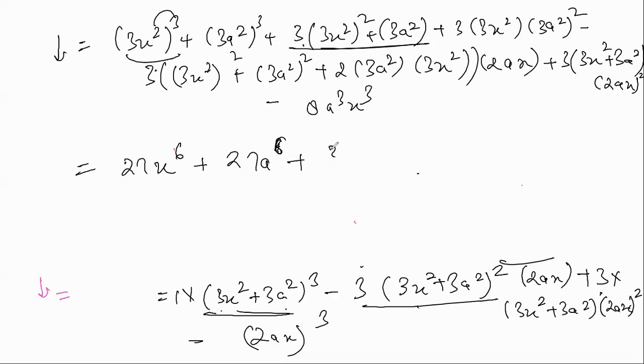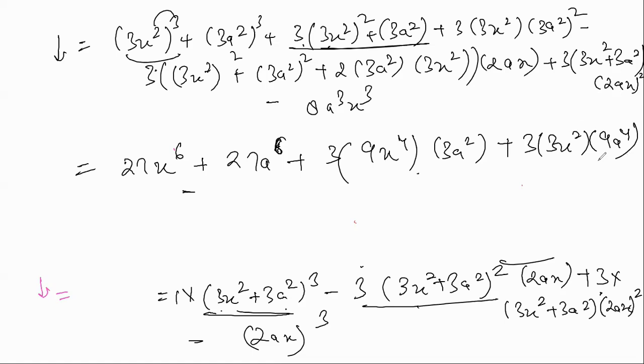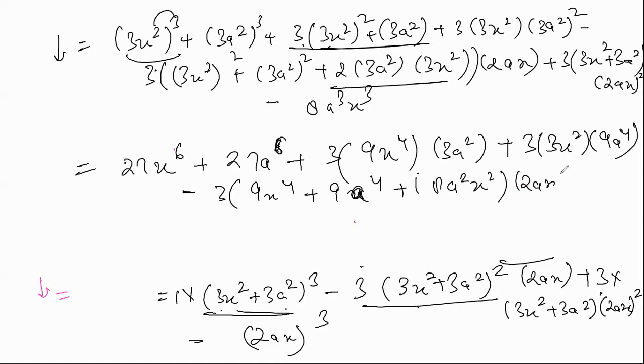So 3 multiply (3x square) whole square, that is 9x raised to the power 4, and 3a square, plus again 3x square and 9a raised to the power 4, minus 3, then open 9x raised to the power 4, 9a raised to the power 4, plus multiply this, 2 3 6, 6 3 18, a square x square and 2ax, plus, then 3 multiply with this bracket, which is 9x square plus 9a square and (2ax) whole square, that is 4a square x square.